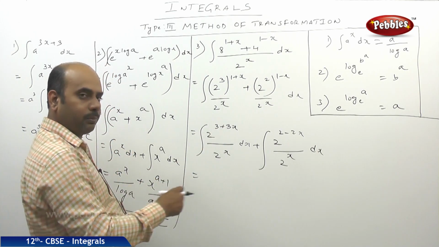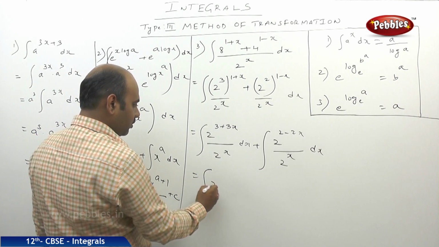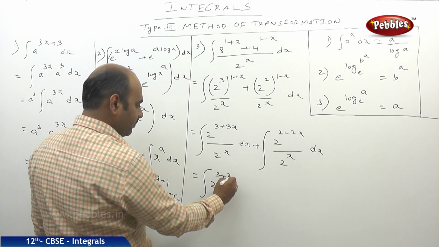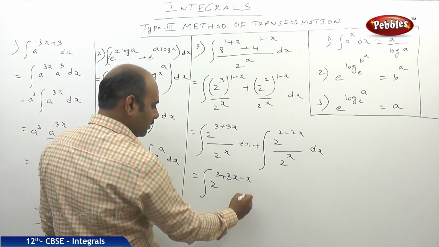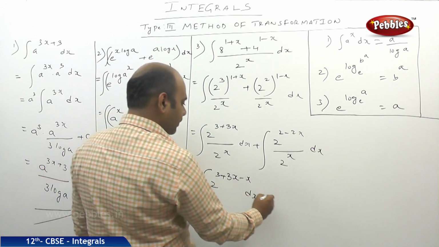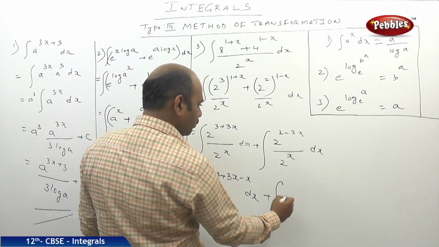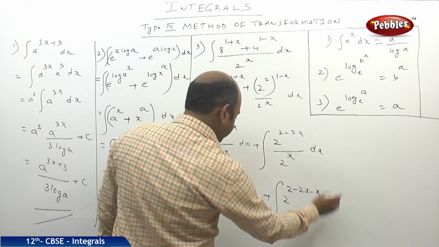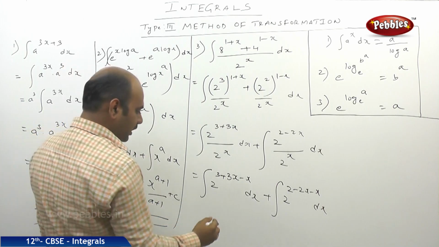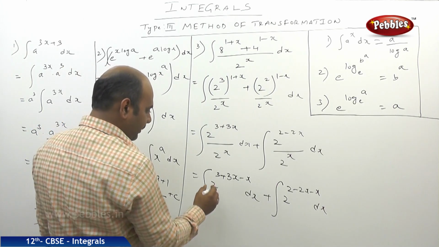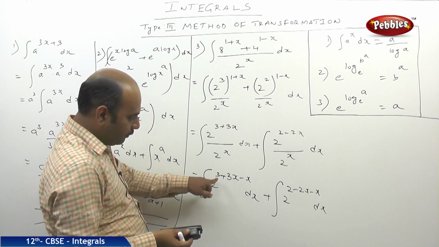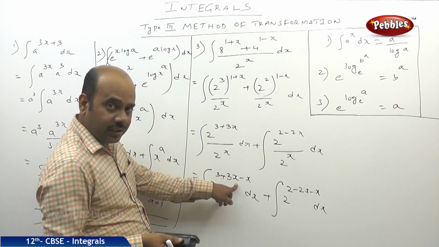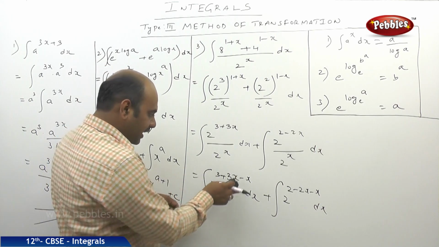So I can write as a power m minus n. So integral of 2 power 3 plus 3x minus x dx plus integral of 2 power 2 minus 2x minus x dx. Now if you could observe carefully, it is becoming integral of 2 power 3 plus 2x, because 3x minus x is 2x.